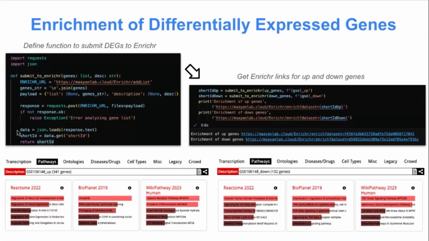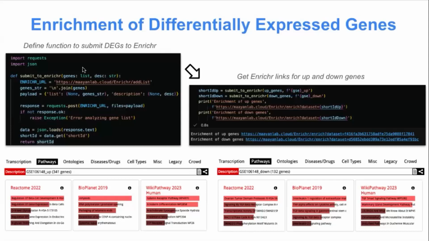Very similar to how we wrote our own function earlier, we're creating a function that takes in a gene list and its description, and then makes a POST request to Enrichr using the addList endpoint, so that we're able to get a unique ID to append as the dataset query parameter input to this link, so that we're able to view our enrichment analysis results in the browser.